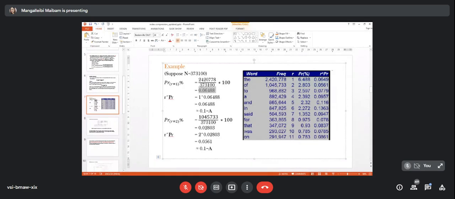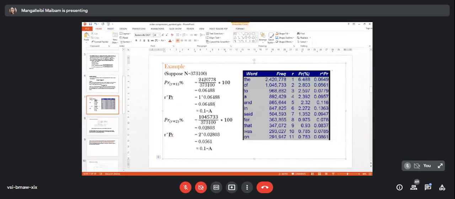Then rank times probability of that particular term will be similar to the constant A. This value is for the first term, "the", and rank 2 is also like this. For rank 3 until rank 11 you need to solve.